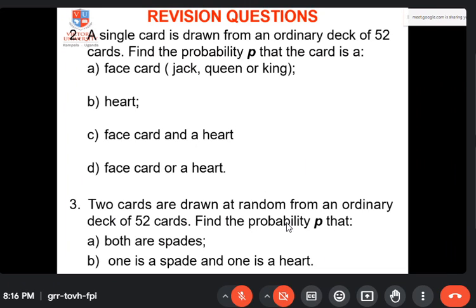But there is also the possibility that you are doing it the other way around, picking a heart first, then a spade next. Of course, they are going to be the same probabilities, so the value which you get, you multiply by 2.